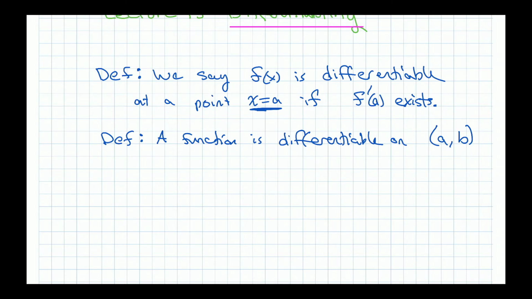So a function is differentiable on the interval (a, b) if f prime of x exists for every x in (a, b), right? So differentiable on an interval just means the derivative exists everywhere in the interval. And that's it, right? That's what differentiable means.